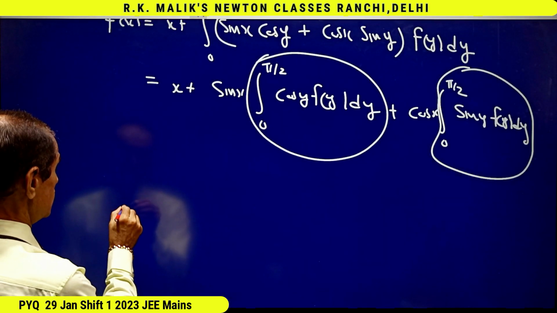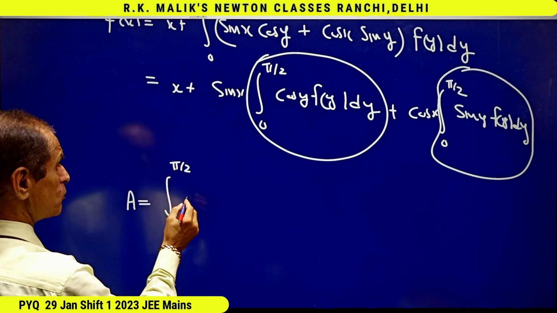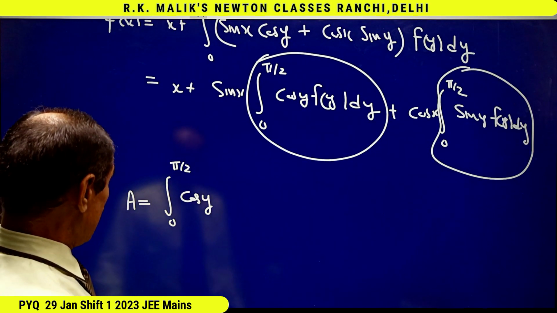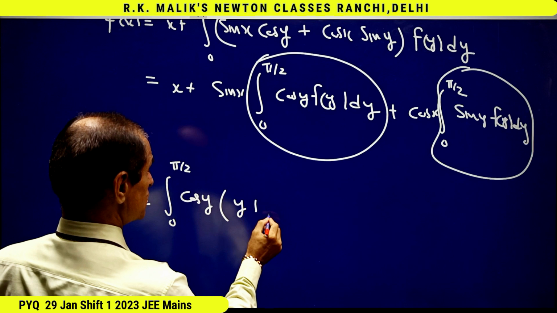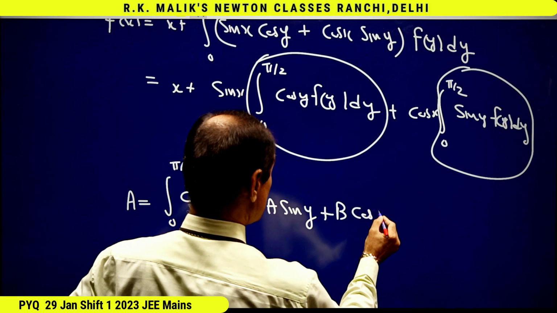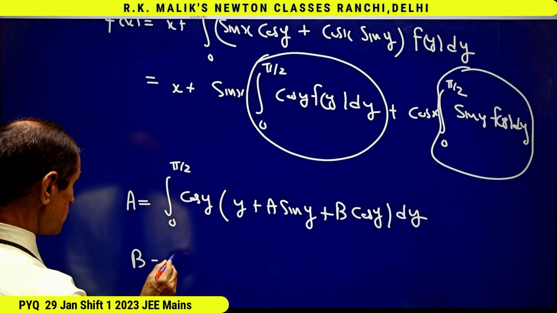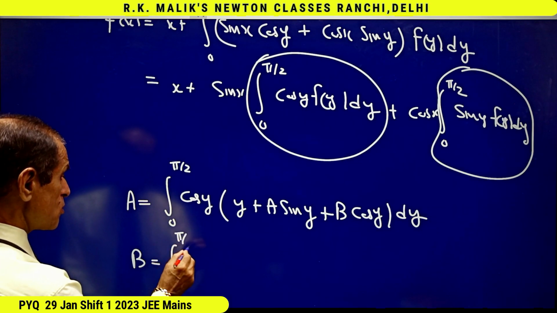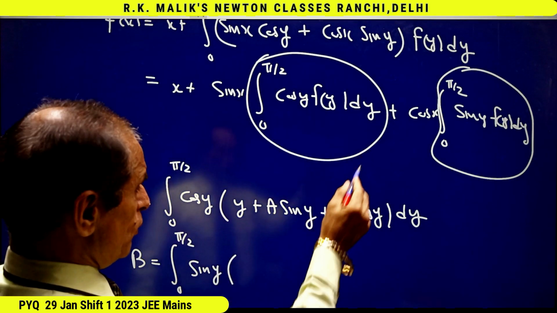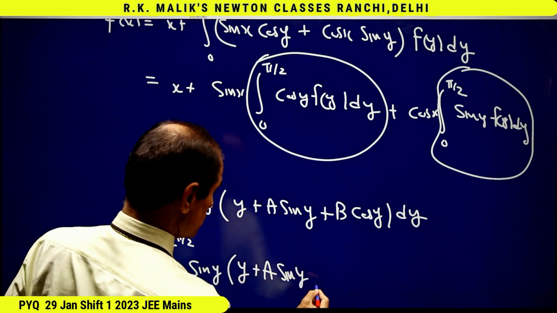Hence we conclude that a is equal to integral 0 to pi by 2 cos y f(y) dy, and the value of f(y) is clearly y plus a sin y plus b cos y dy, and the value of b is integral 0 to pi by 2 sin y into f(y), which is again y plus a sin y plus b cos y.